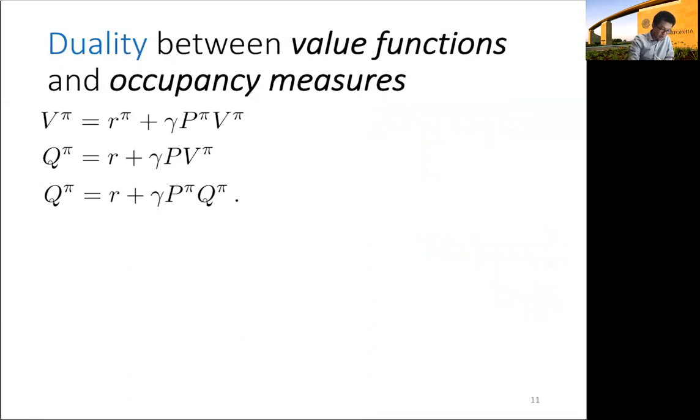We've learned that the state occupancy measures satisfy this equation: mu pi of S equals mu of S plus gamma times the sum over S prime of mu pi of S prime times P pi of S prime to S. This is the transition where S prime is the state that could have gotten you to this state.